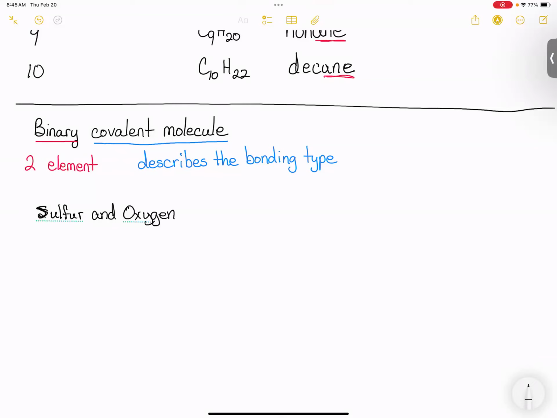Because sulfur and oxygen, when they combine, form a covalent molecule. And because covalent molecules share their electrons, we can make compounds of sulfur and oxygen, that is SO2, SO3, S2O8, and many more options. Again, this comes down to the fact that if you're dealing with a covalent molecule, the atoms share electrons. And because they share electrons, the same two elements can combine in a variety of ways.